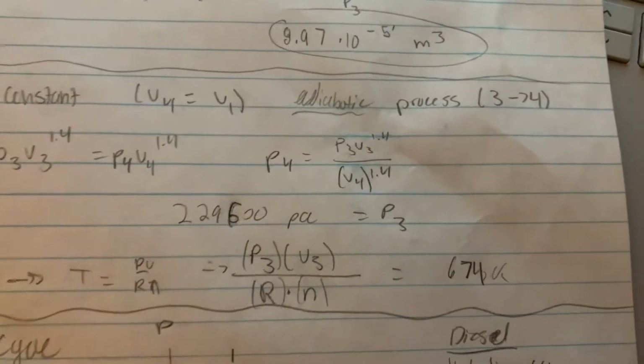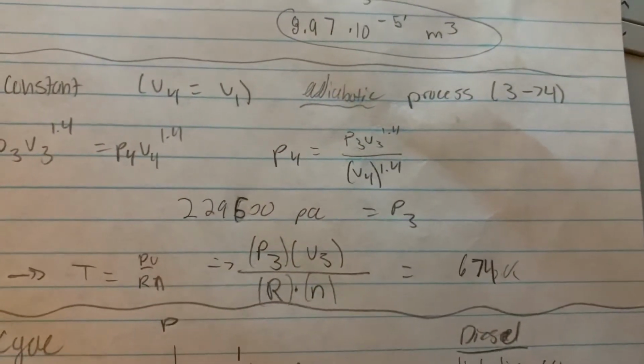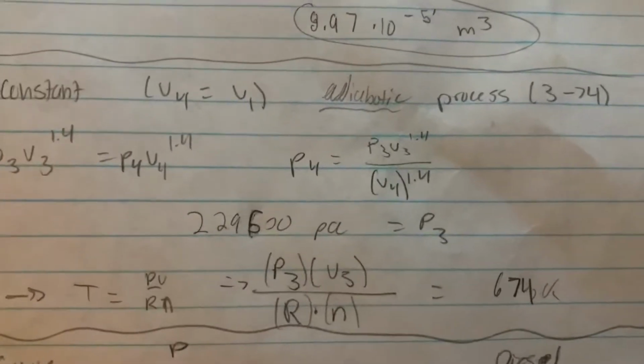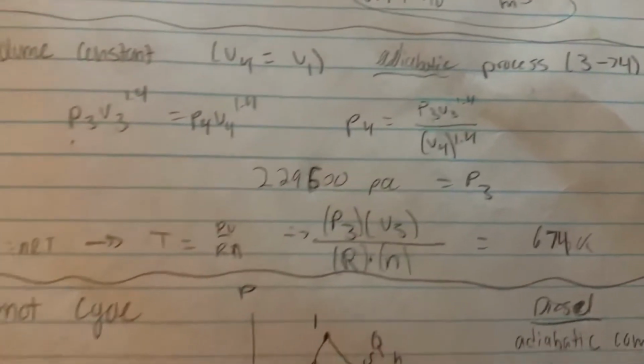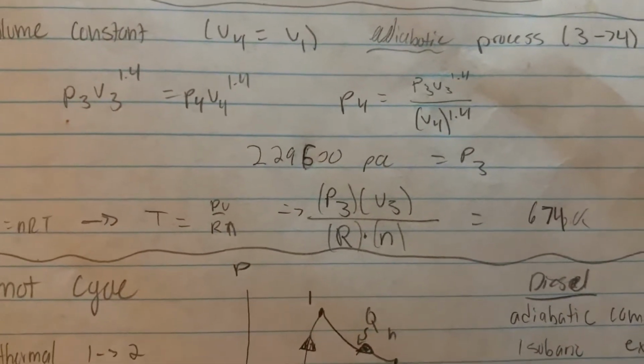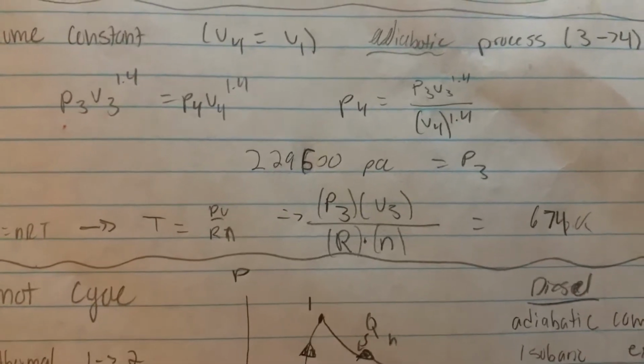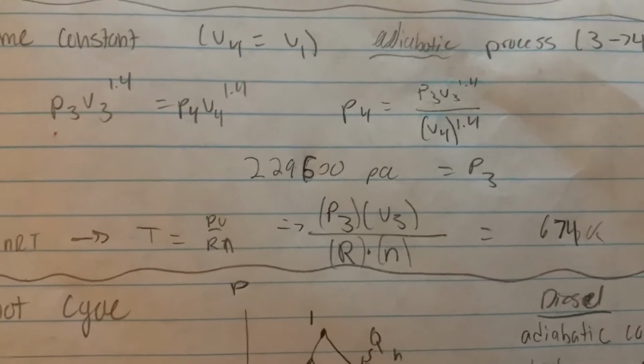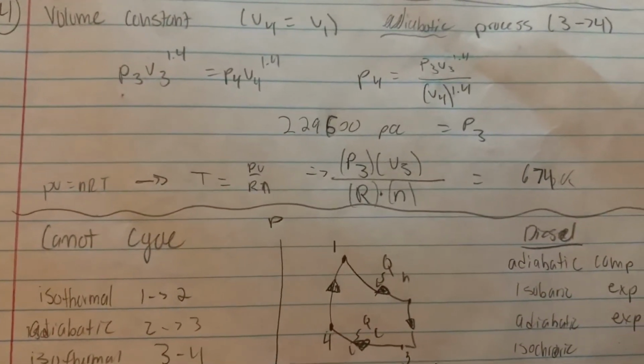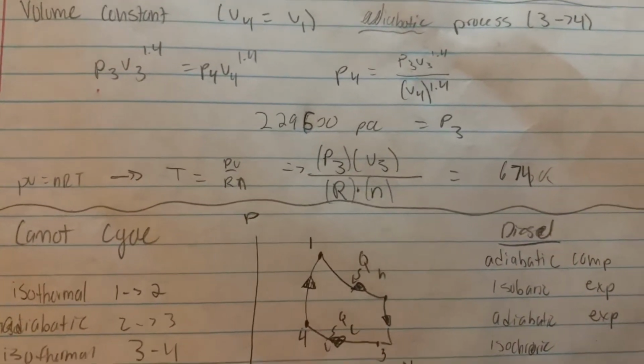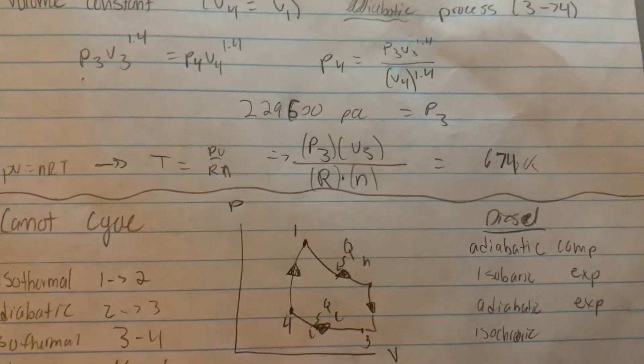Then you solve for P4, plug in your values, and you should get 229,500 pascals for your fourth pressure. Then PV equals nRT, solve for T, plug in all your values, and you get 674 Kelvin.